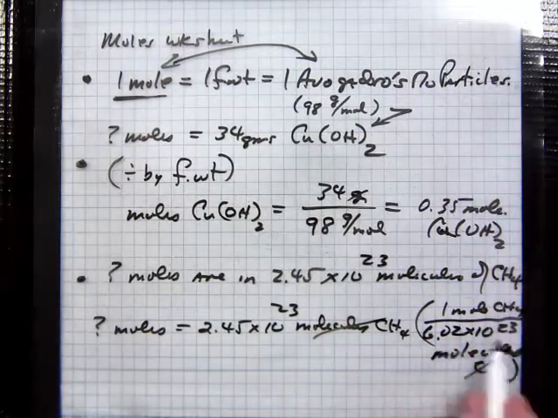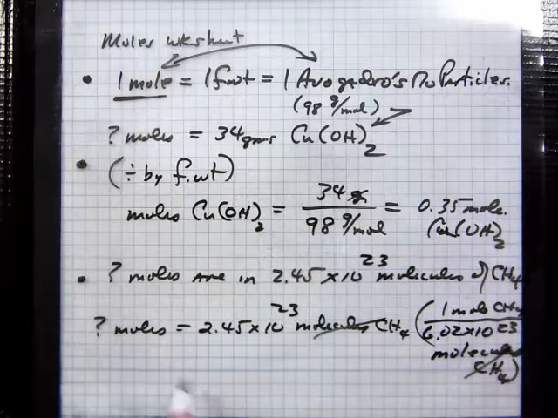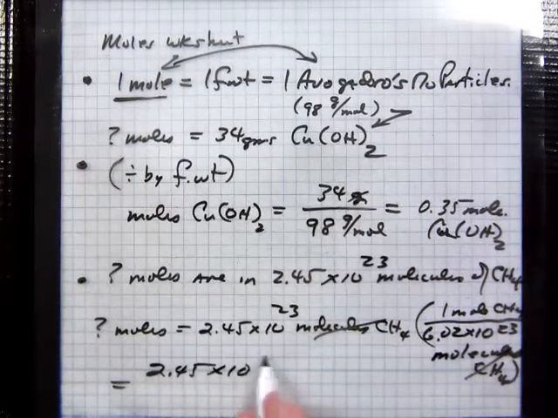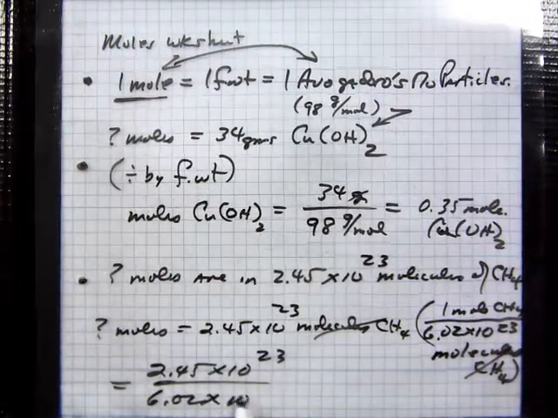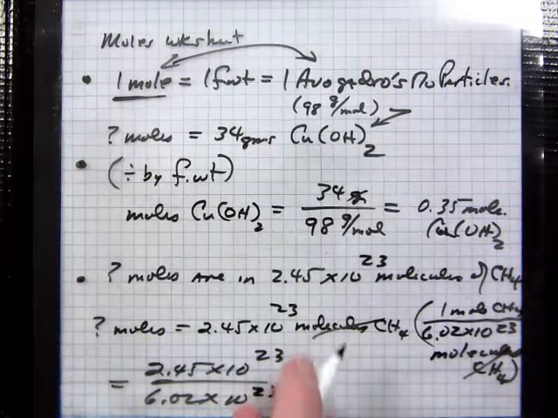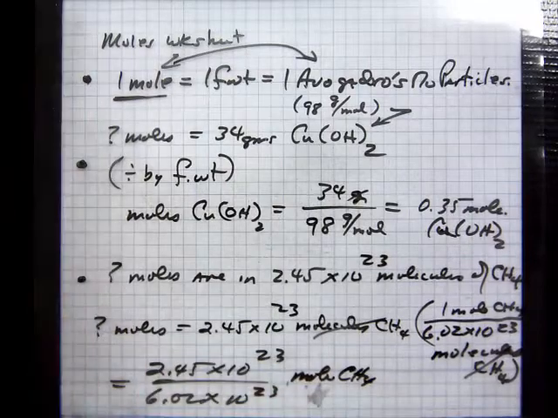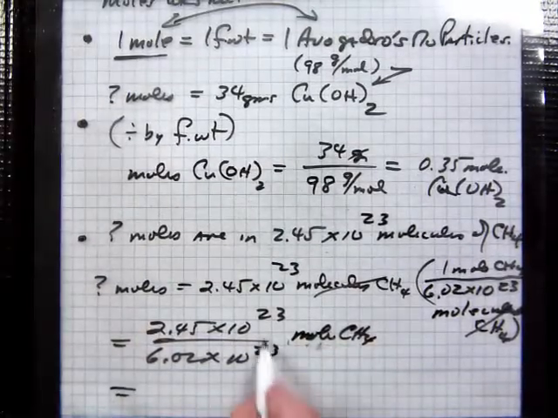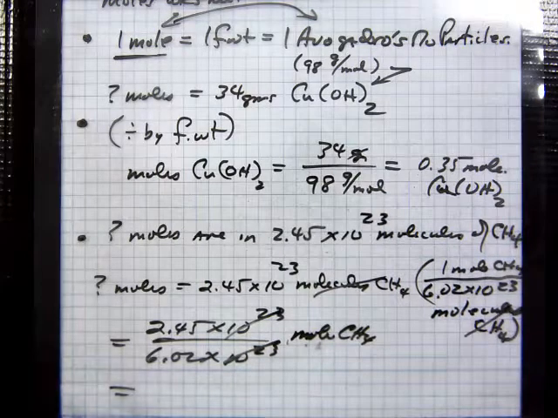So you're dividing by 6.02 times 10 to the 23rd. So that is 2.45 times 10 to the 23rd over 6.02 times 10 to the 23rd moles, 1 mole methane. That, of course, drops out very neatly, and it's 0.41 mole.